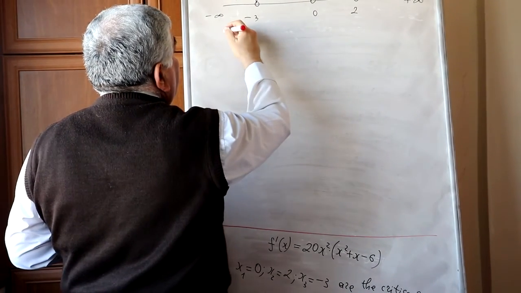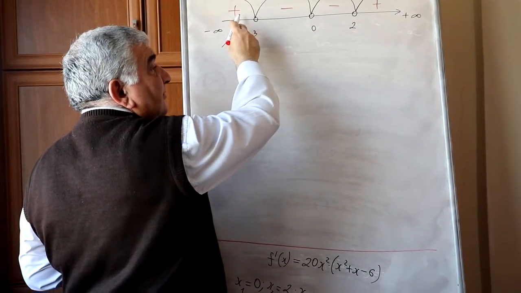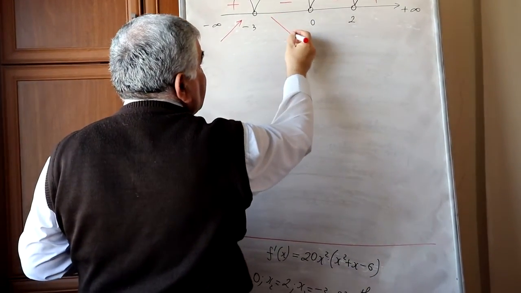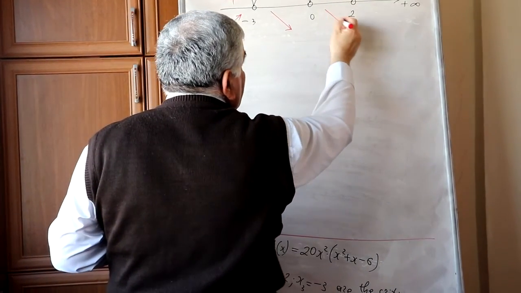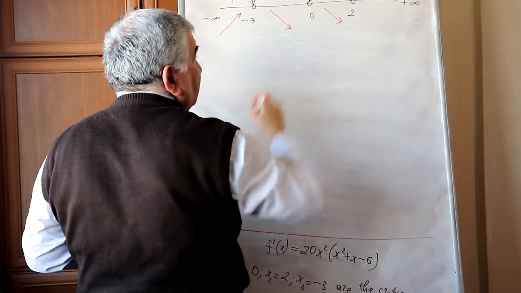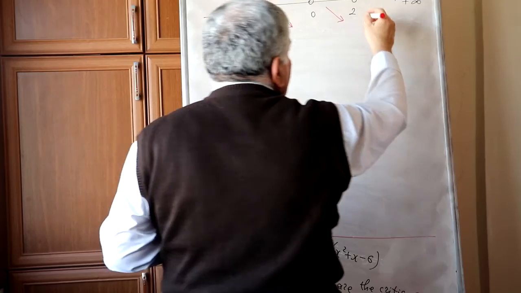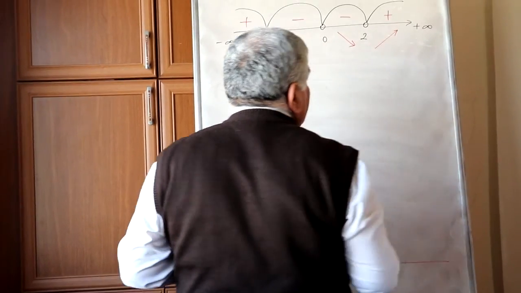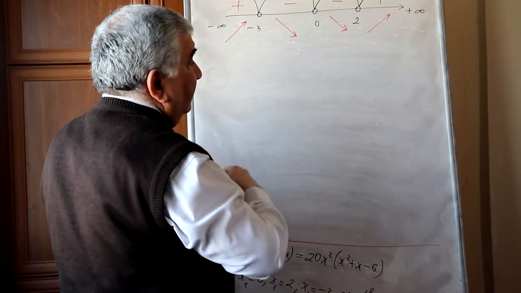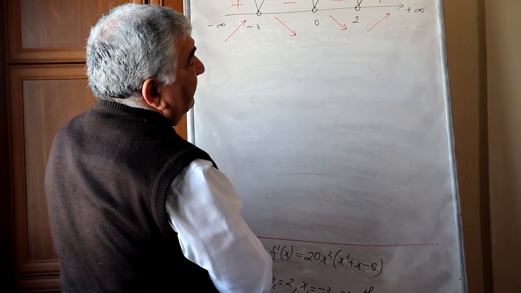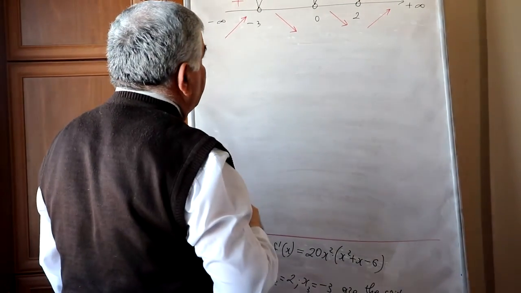Here our function increases because derivative is positive. Here it decreases because derivative is negative. Here also our function is decreasing because derivative is negative, and in the right interval our function is increasing because derivative is positive.